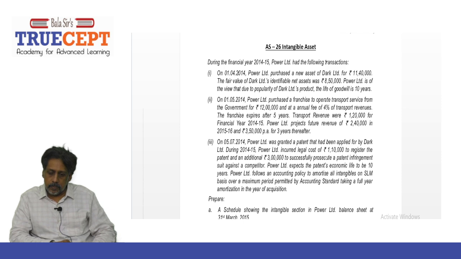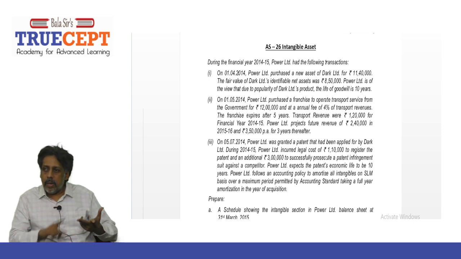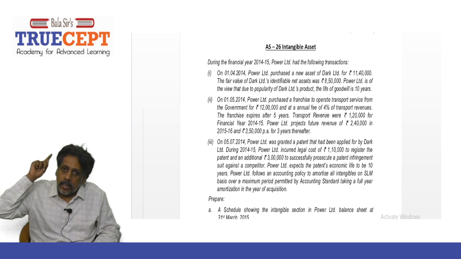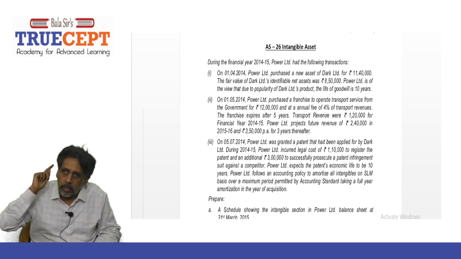Then the fair value of Dark Limited's identifiable net assets was 8,50,000. So basically you paid rupees 2,90,000 extra. You purchased rupees 8,50,000 worth of net assets, the fair value, but how much did you pay for the net assets? 11,40,000.